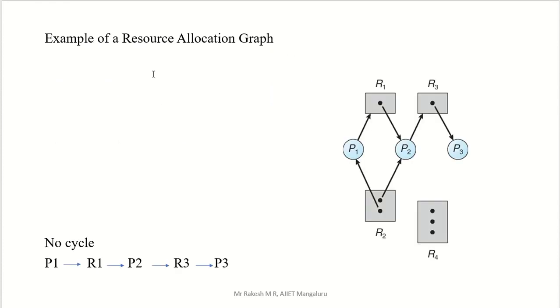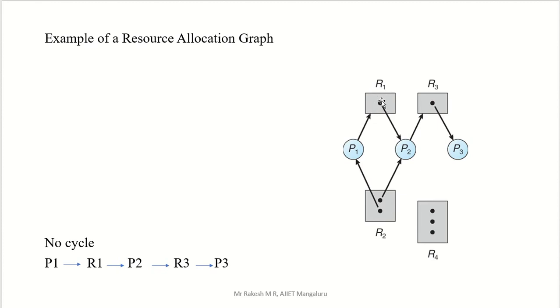Example of resource allocation graph. We will go for one example. Here we have that diagram. This is a resource allocation graph. We can call it one of the graphs in a deadlock system. And we have resource R1. R1 is the resource. Tell me how many instances are there? See, only one dot is there.